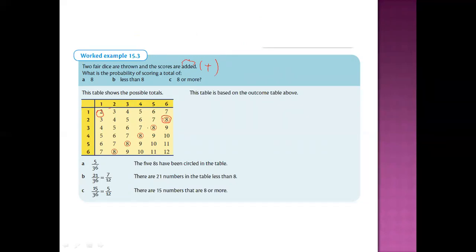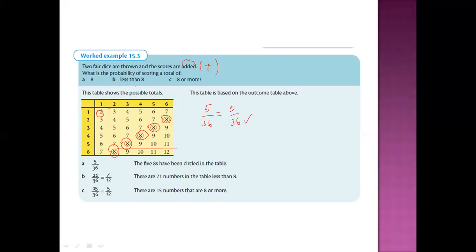And 8 here, and a circle in the table here, 8, 8, and how many 8s? There we have 5. 1, 2, 3, 4, 5. That's why 5 over 36, because there we have 2 dice thrown. Okay, and the answer is 5 over 36.